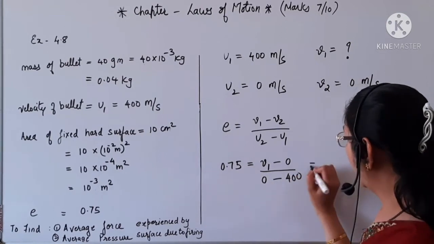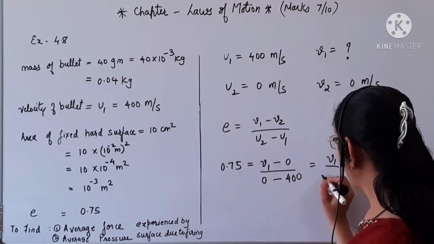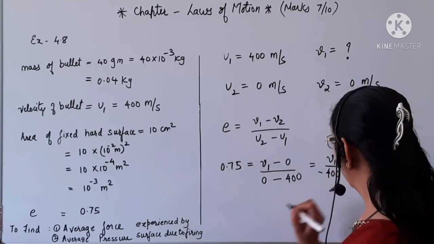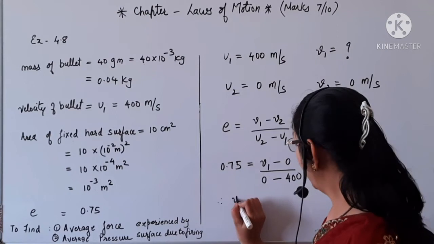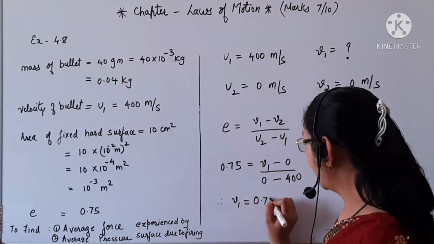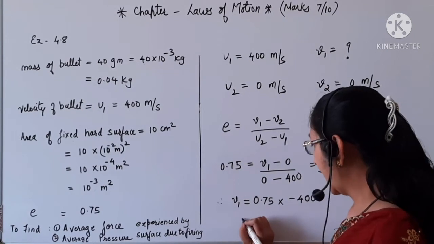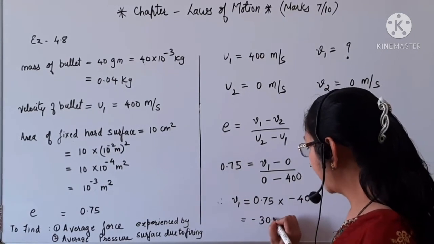So 0.75 is equal to v1 upon minus 400. Therefore, v1 is equal to 0.75 into minus 400, that is equal to minus 300.